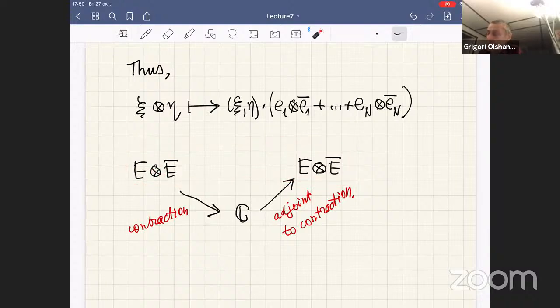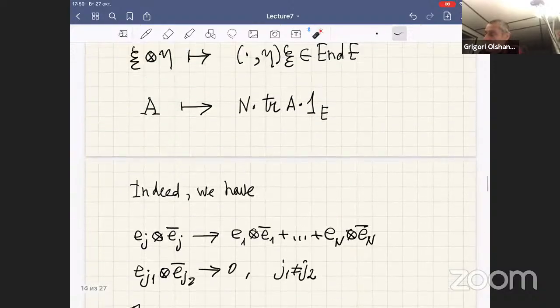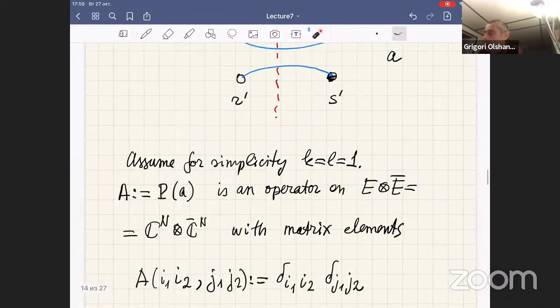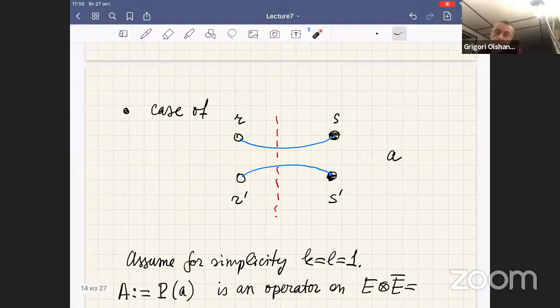So this operator, I repeat, corresponds to this picture. And it's evident that it is not an invertible operator, but there is no contradiction because it corresponds to some semigroup element, not a group element. So in principle, it may happen.